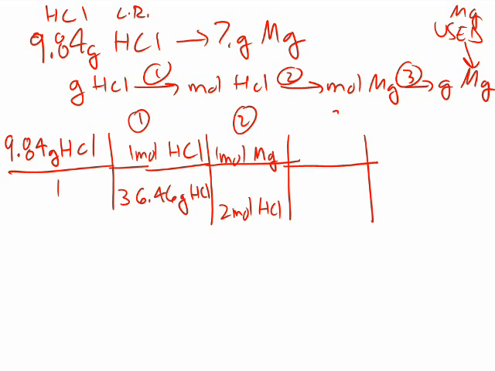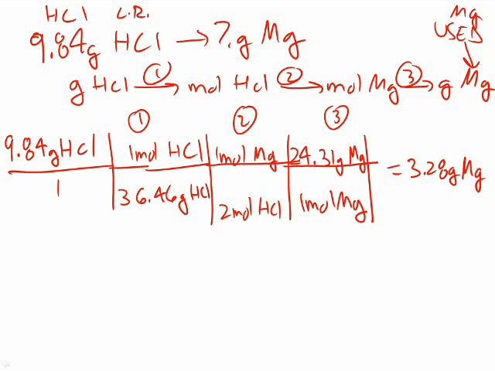Now we have to go to part 3, going from the moles of magnesium to grams of magnesium. How many grams of magnesium will be used with just 9.84 grams of hydrochloric acid? So in 1 mole of magnesium, we have 24.31 grams of magnesium. That equals 3.28 grams of magnesium. 9.84 grams of hydrochloric acid will react with only 3.28 grams of magnesium.